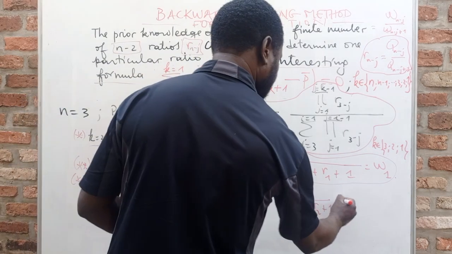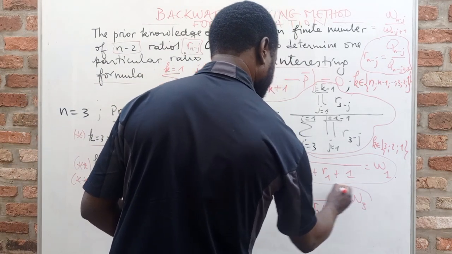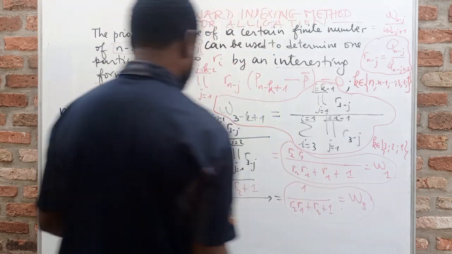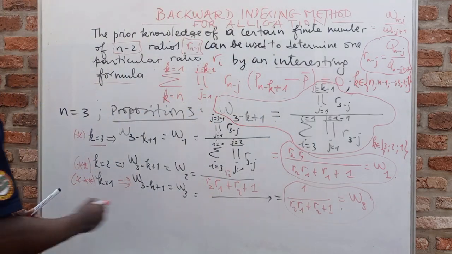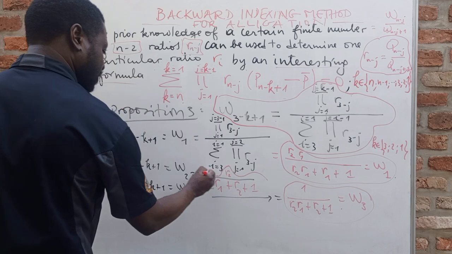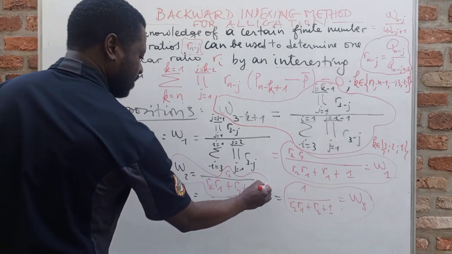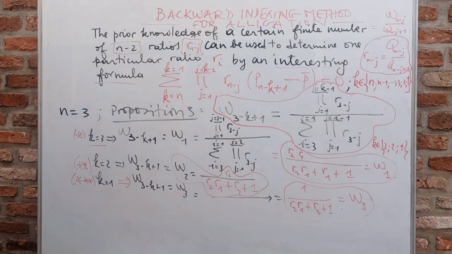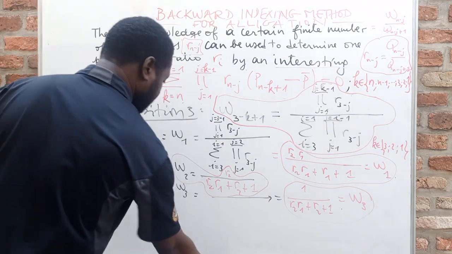So this will be omega 3, whereas omega 2, as you have calculated, is equal to this quantity in the second case. So we have the first, second and third cases as respectively indicated. Okay, so this is the second proposition.